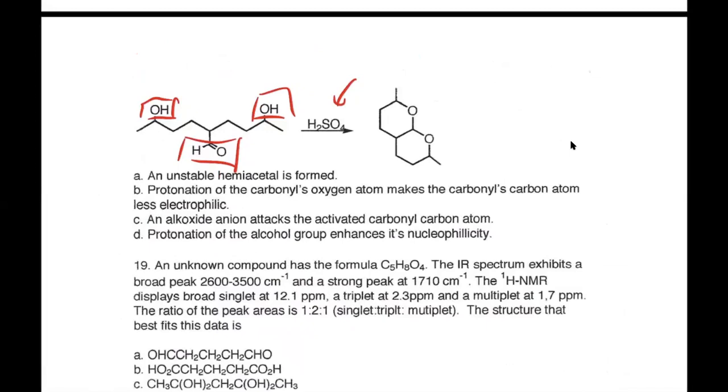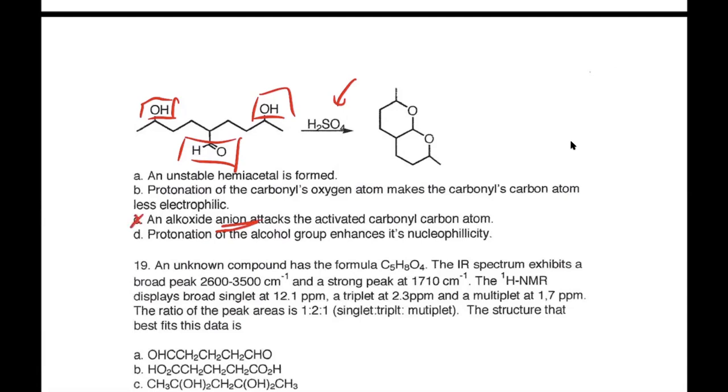And okay, so what we have going on here, we have an aldehyde, we have these two hydroxy groups, we're under acidic conditions. And so let's look at whether any of these options we can knock out just based upon the fact that we have acidic conditions. Would C be one? An alkoxide anion, keyword anion, attacks the activated carbonyl carbon atom.